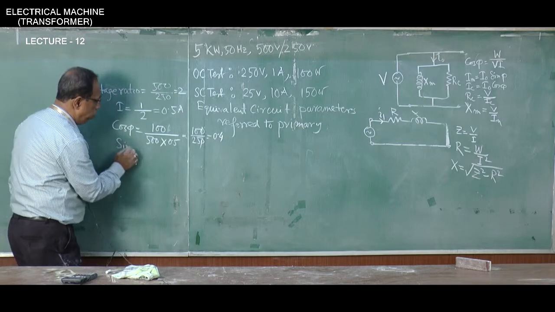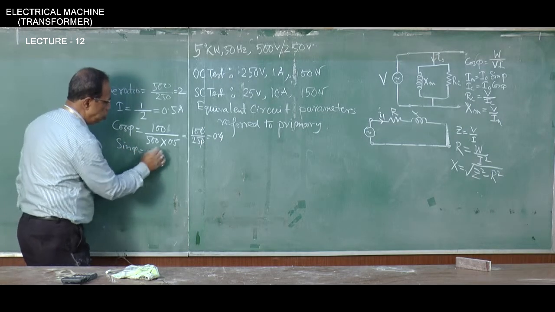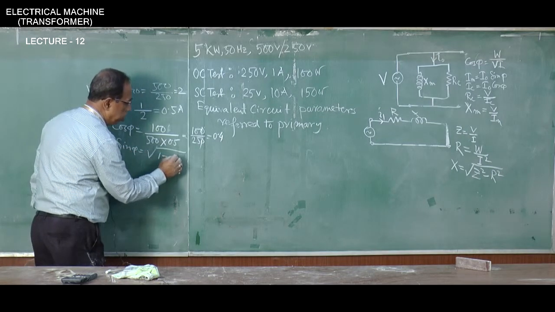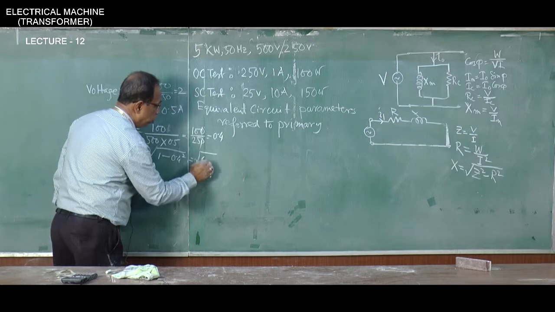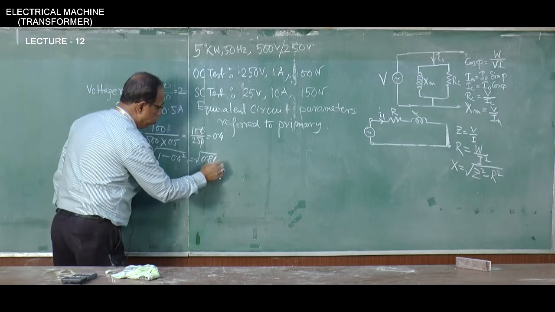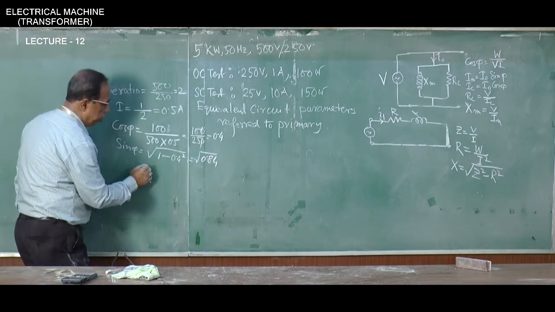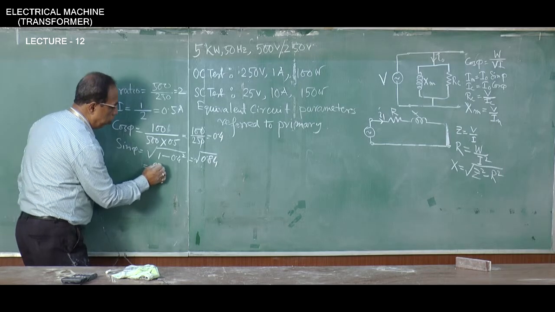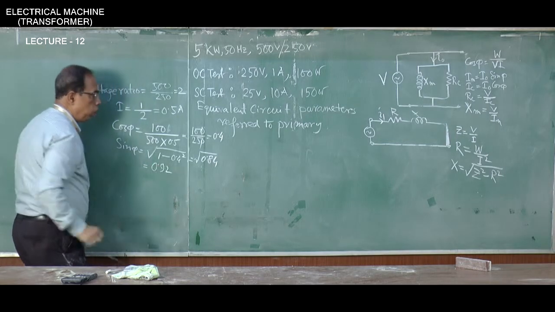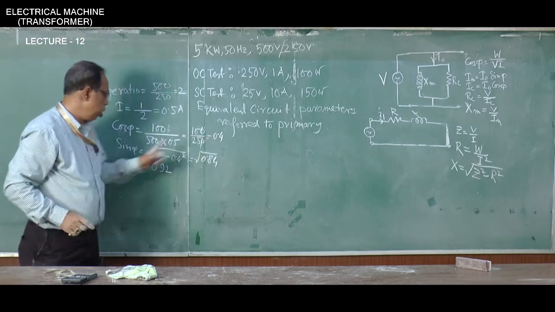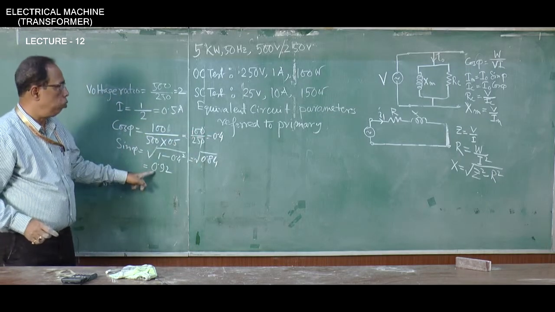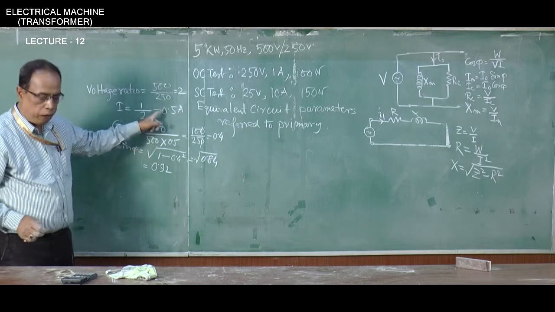Your sine phi will be root over 1 minus 0.4 square, that means root over 0.84, which is around 0.92. So, cosine phi is 0.4, sine phi is 0.92, and my current is 0.5 ampere.